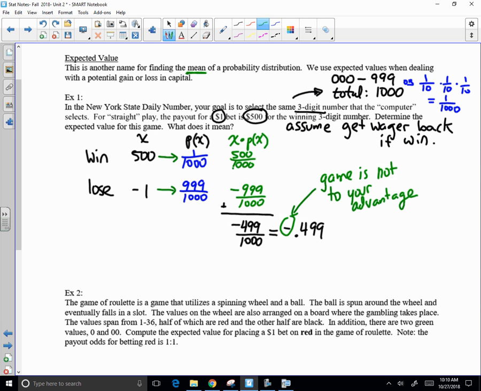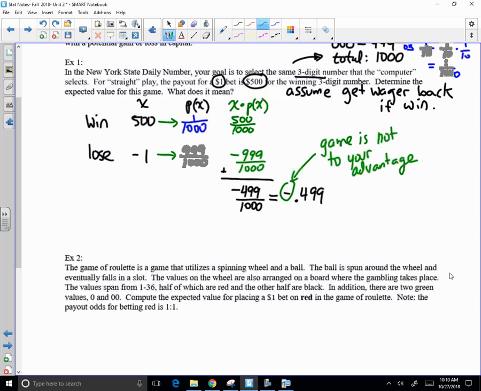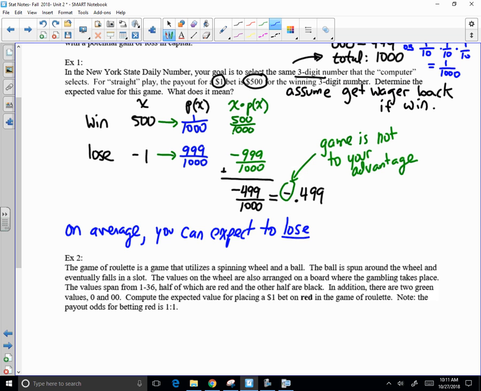That 0.499 is the weird part of it, because that's saying on average you can expect to lose 49.9 cents for every dollar wagered.